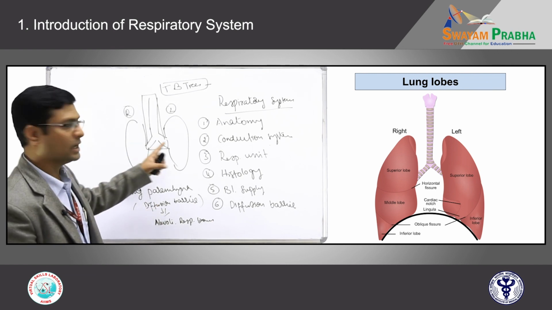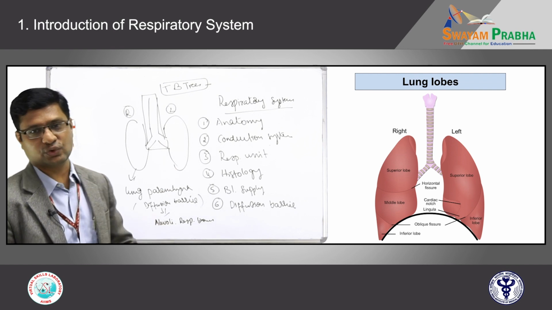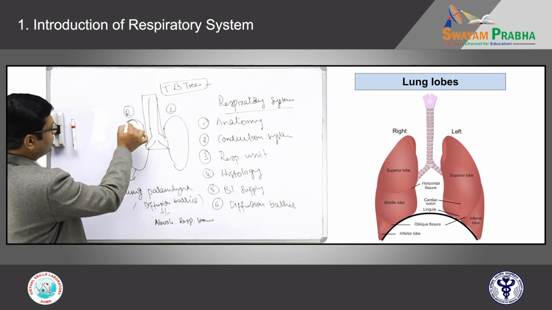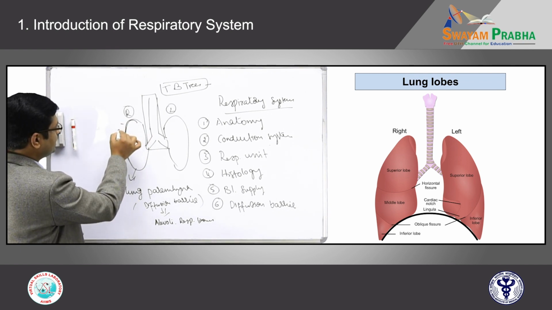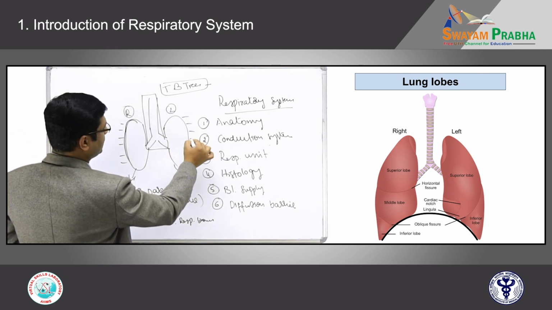We have two lungs, right lung and left lung. Both the lungs are situated in the thoracic cavity. On their surface they are covered by pleura, and externally they are covered by a strong rib cage.